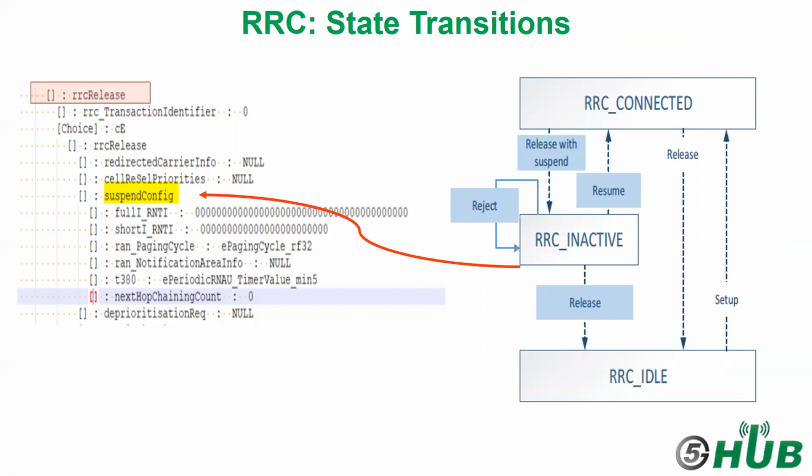After reception of suspend config, the user equipment will store the access stratum context like security configuration, PCI, cell identity of the source cell, and the current RRC configuration. After that, it suspends all signaling radio bearers and indicates the suspension of the RRC connection to upper layers.